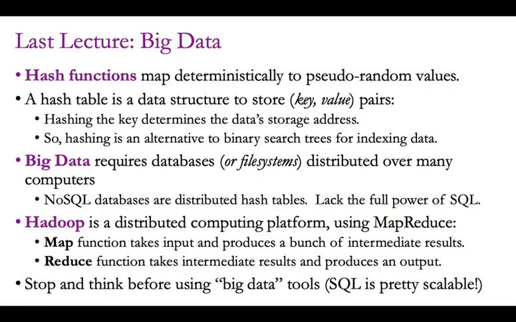But more importantly, there's a programming model called MapReduce, where you write your analysis as a combination of maps and reduces that somehow compute your result. The map function takes the input and produces a bunch of intermediates, and then the reduce takes the intermediates and produces an output somehow. We gave one or two examples of how that works.